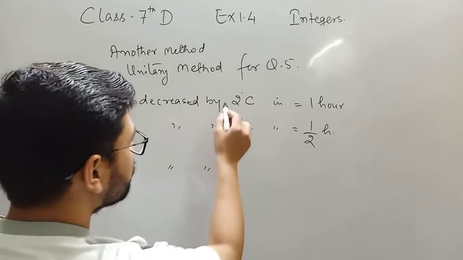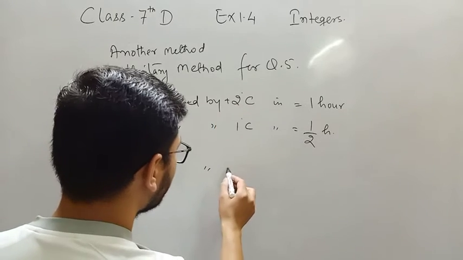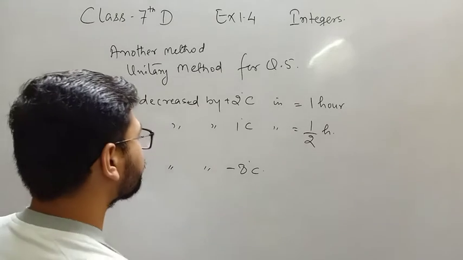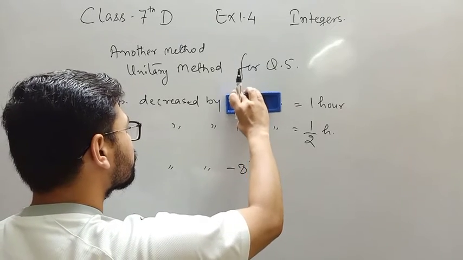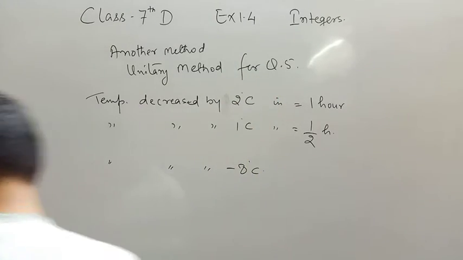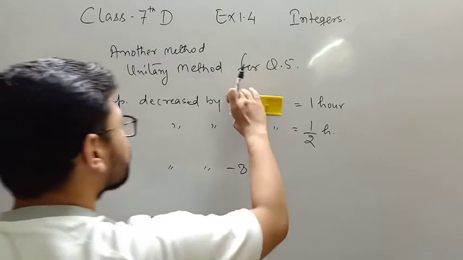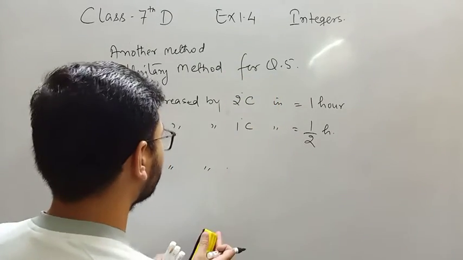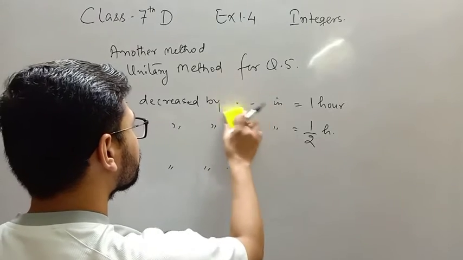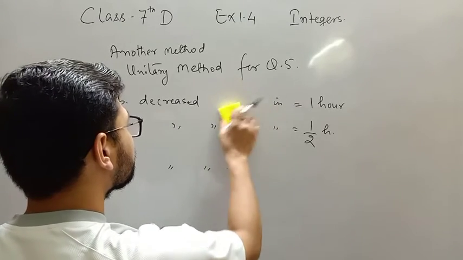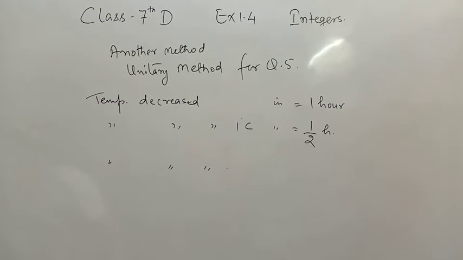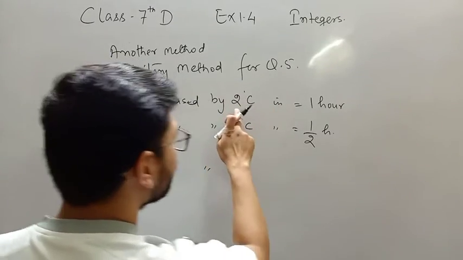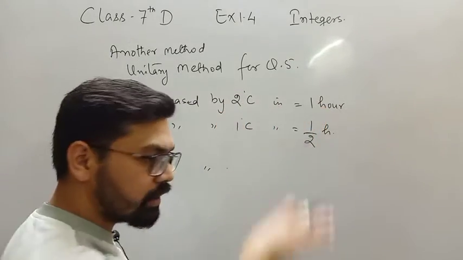So beta this is positive, right? So -8 degree Celsius. So बेटा 2 degree Celsius 1 hour में decrease हो रहा है.